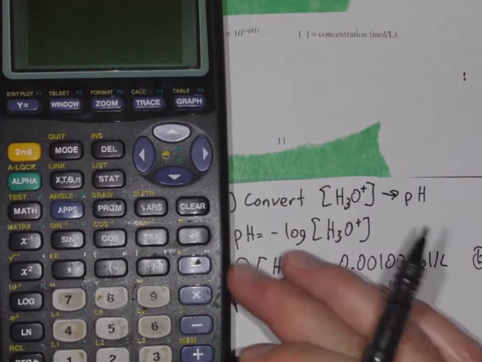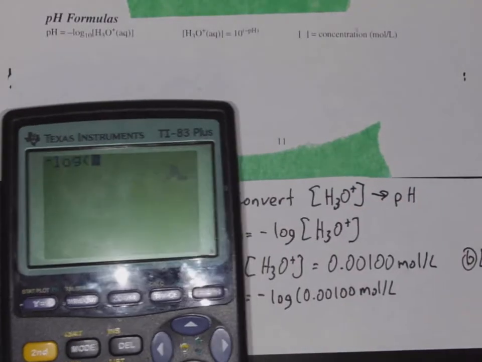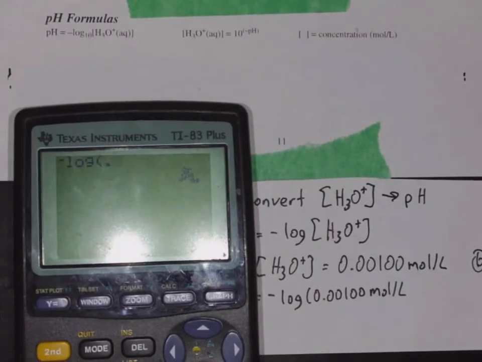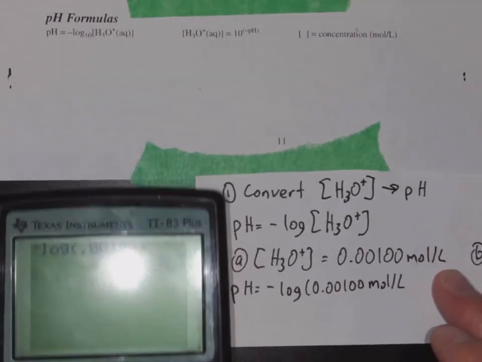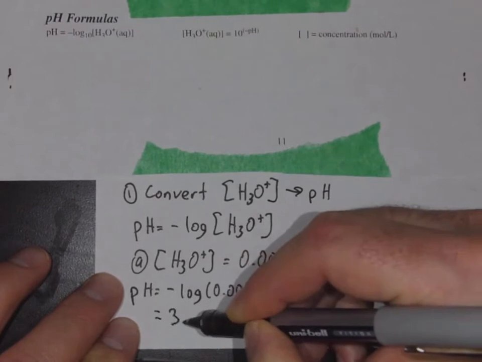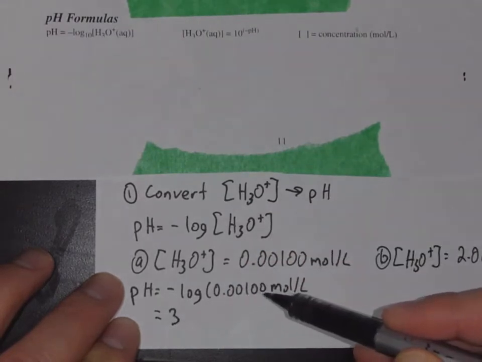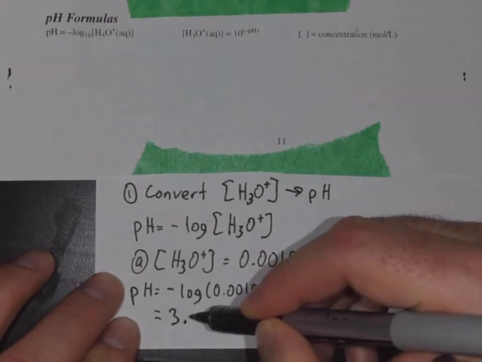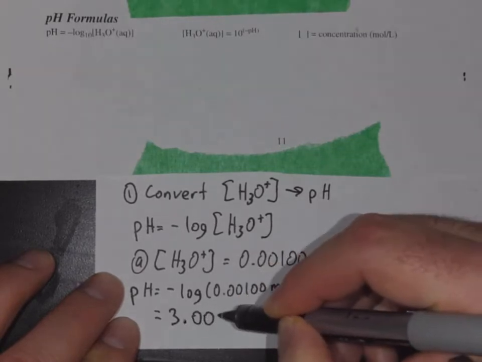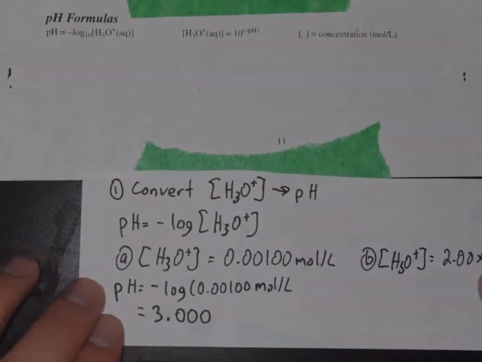So the negative log of 0.00100, end the bracket, and we land up with a pH equaling 3. In this question there are 3 significant digits, so properly written, the pH has 3 numbers after the decimal, and that is our answer.